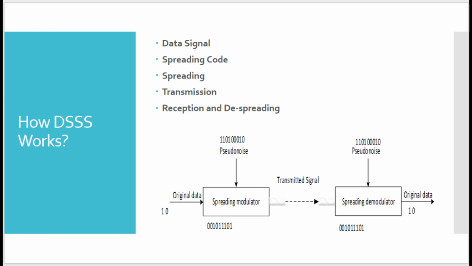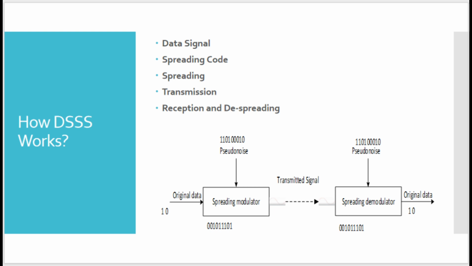The last one is reception and de-spreading. Reception: the receiver captures the incoming spread signal, which includes the original signal, noise, and interference. De-spreading: the receiver uses the same PN sequence to XOR the received signal, de-spreading it.